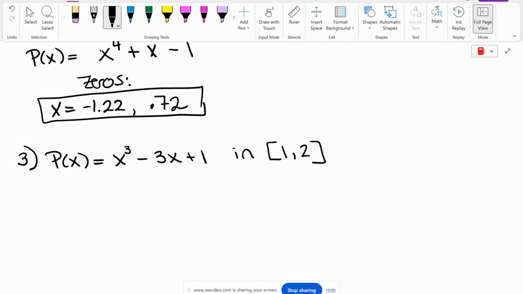Good. I've restricted your domain here. I only want the zeros between 1 and 2. In number 4, I have not restricted anything, so I want all real number zeros. Everything's rounded to the nearest hundredth.